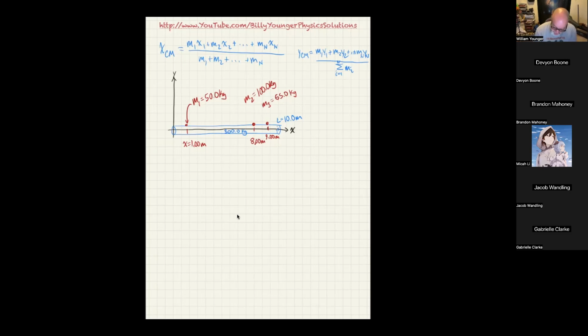So let's go about calculating the center of mass. So the problem is, find the center of mass. In this case, you might actually say, well, what if I had somebody like Andre the Giant from The Princess Bride?